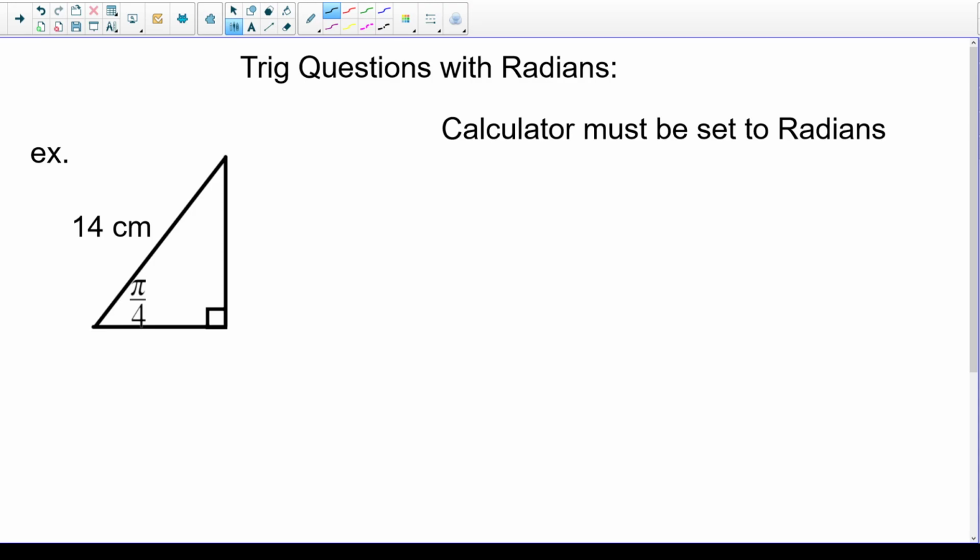But before I do that, here's a quick challenge. If I only ask you to find this side length, why is that sufficient to solve the entire triangle here?